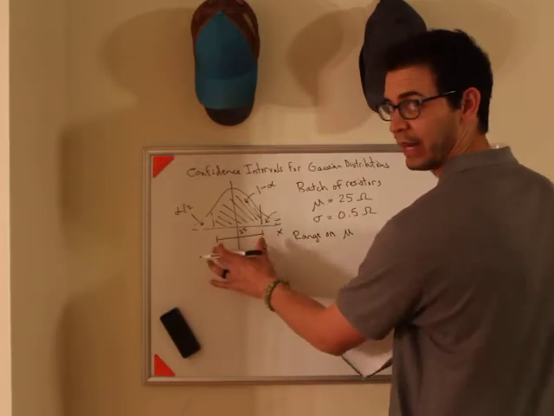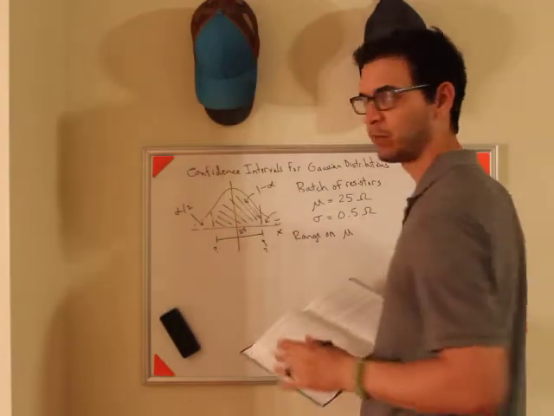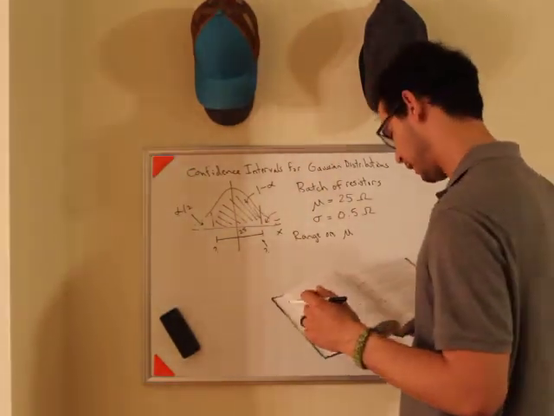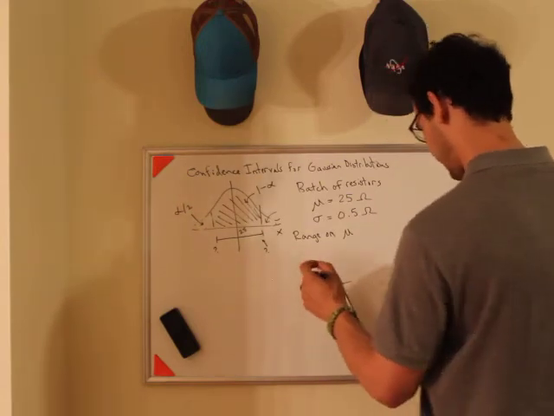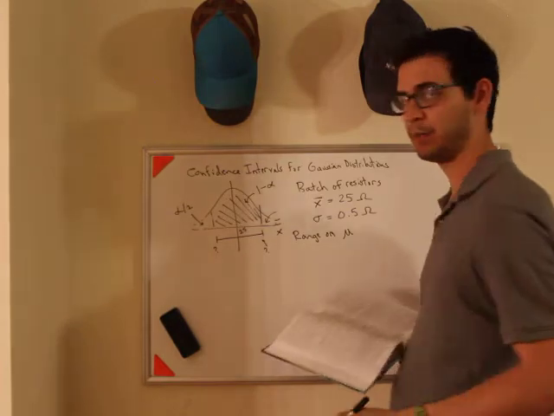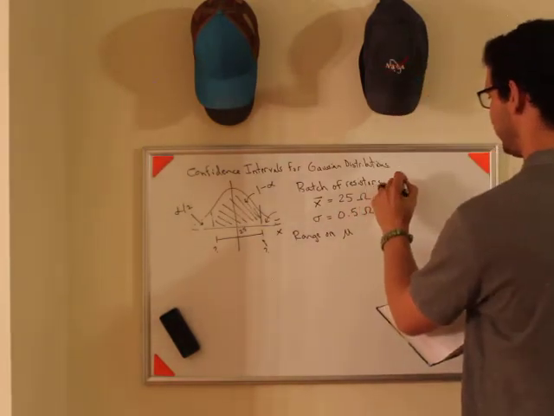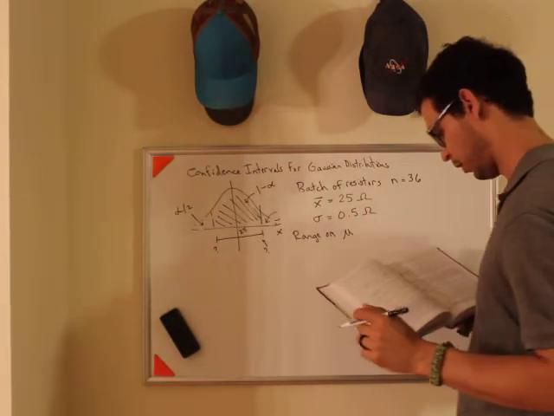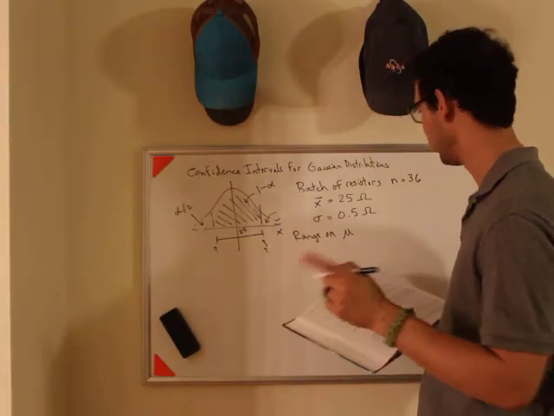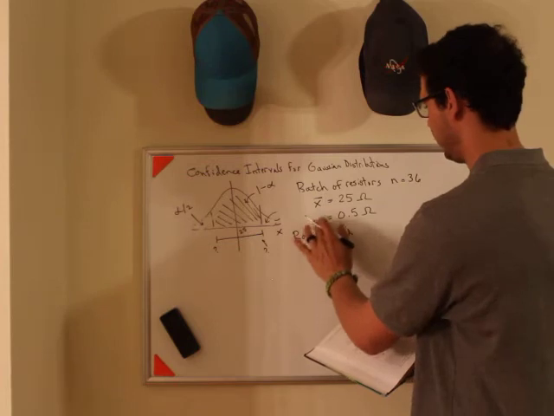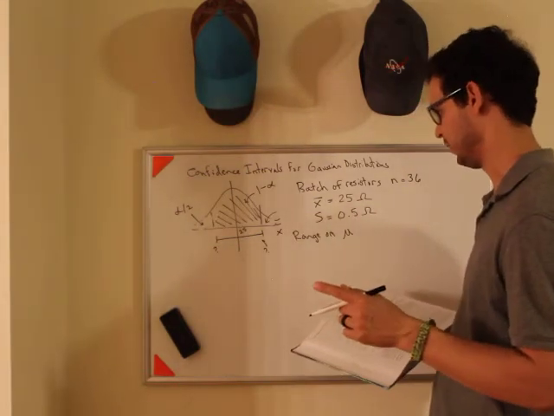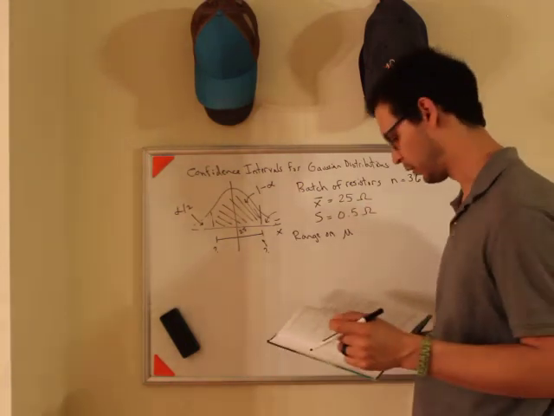I want to know this range where 90% of my resistors are going to fall into that band. And so the way you write this is, this is actually x bar, because they told you that you only sampled 36 resistors, and this is actually S, where S is the sample standard deviation.